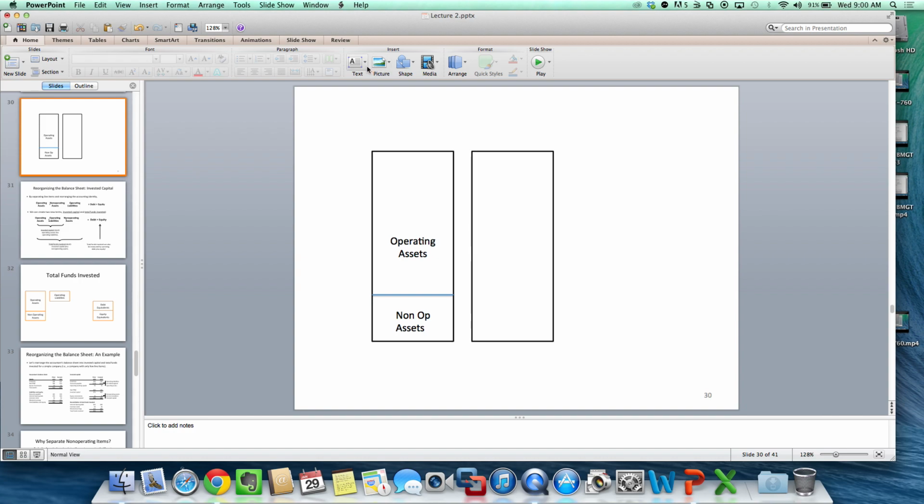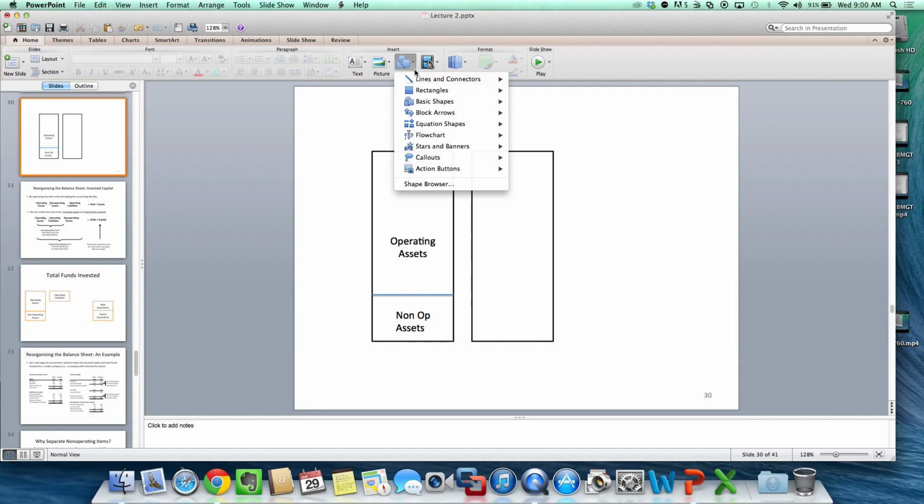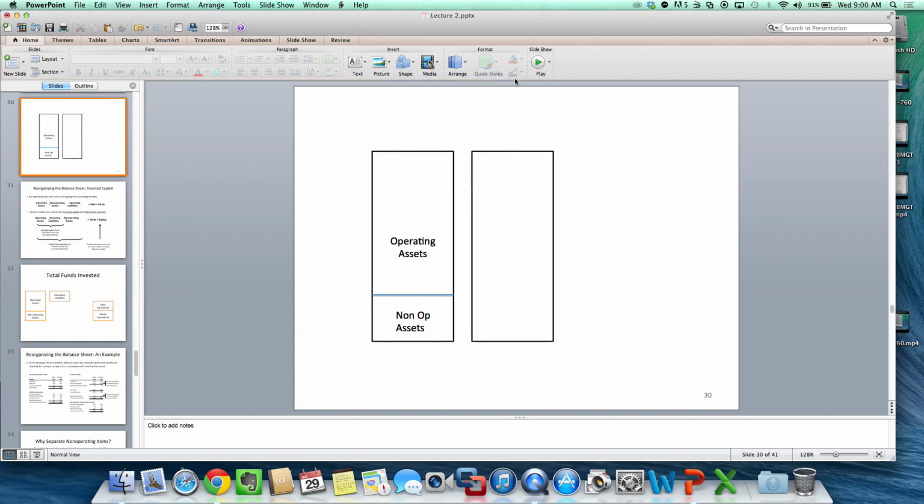So what we're going to do is rearrange the liabilities. Instead of having current liabilities and long-term liabilities, we're going to rearrange the liabilities into 3 sections.